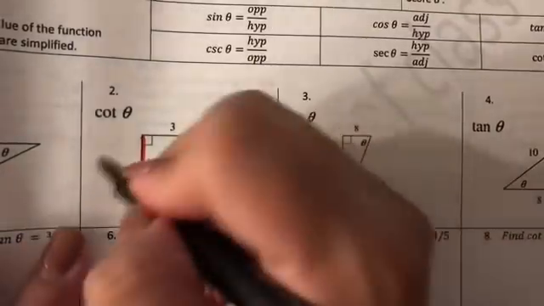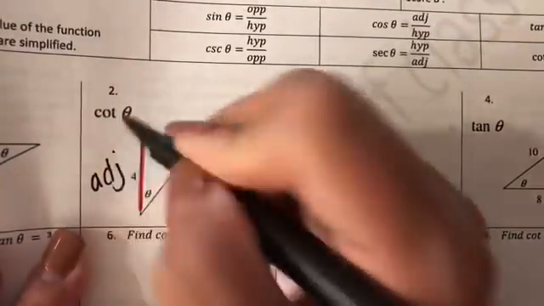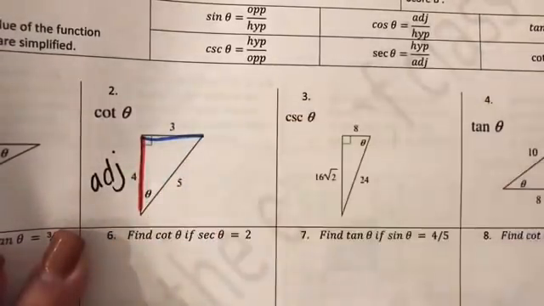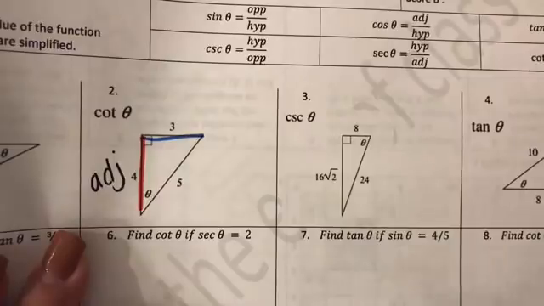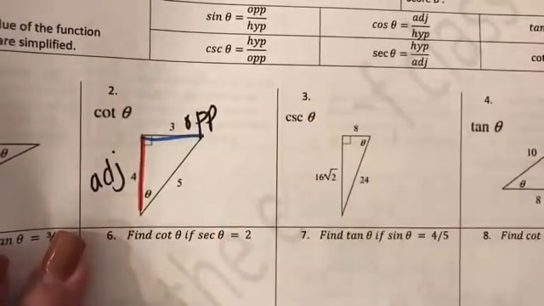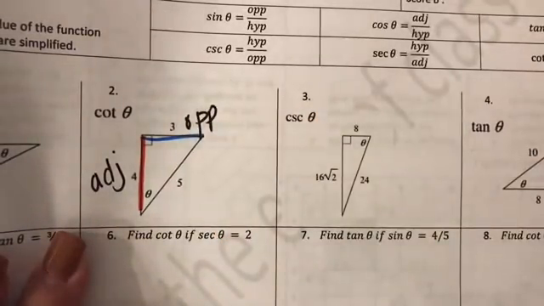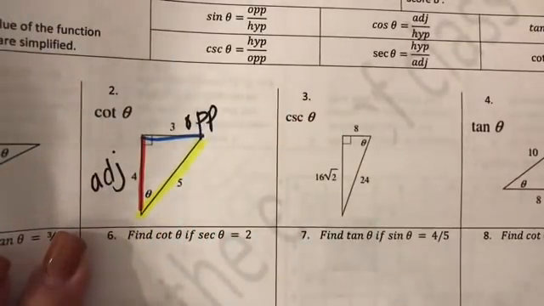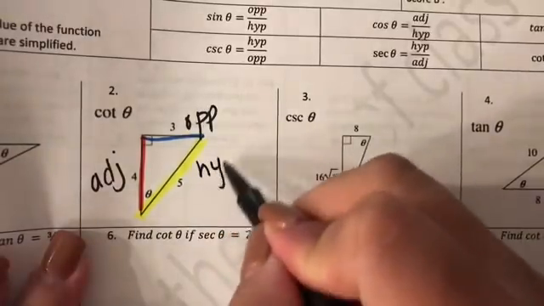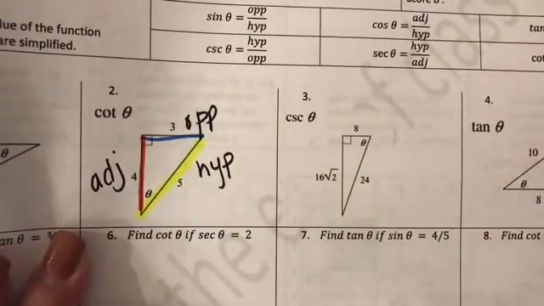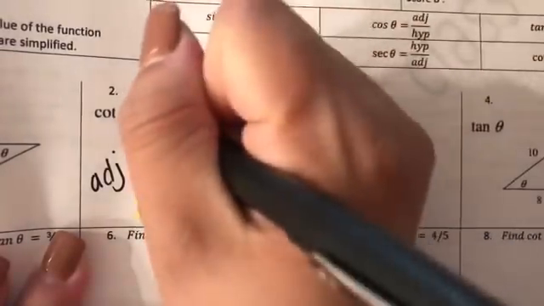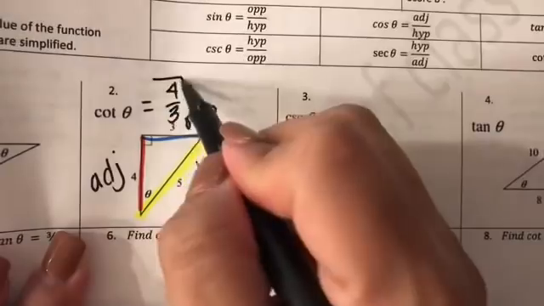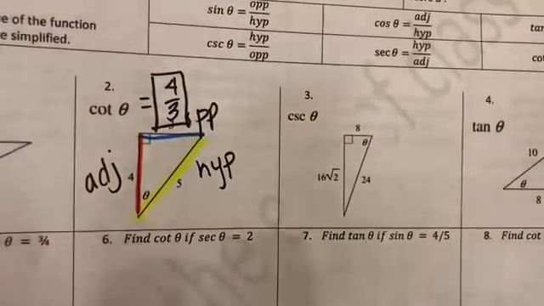So this will be my adjacent, and my other side is going to be the opposite. And of course, you always need to find your hypotenuse, which is the diagonal. So adjacent over opposite is going to be 4 over 3. And everything needs to be in fractions.